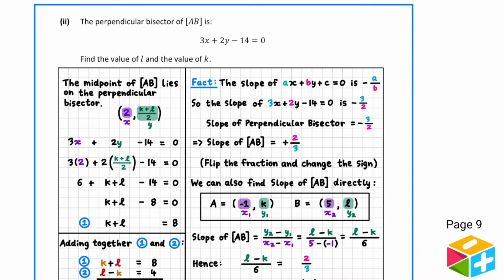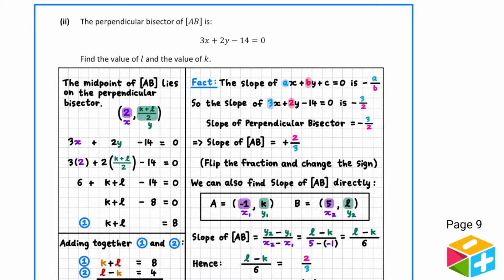To obtain our second equation, it's useful to think about slopes. There's a fact that says the slope of the line ax plus by plus c is equal to 0 is minus a over b. The perpendicular bisector has an equation of 3x plus 2y minus 14 is equal to 0. So here we have a 3 in the slot of the a and a 2 in the slot of the b.